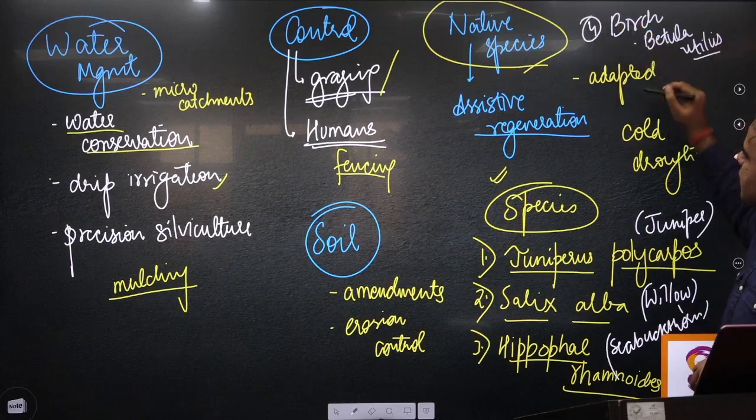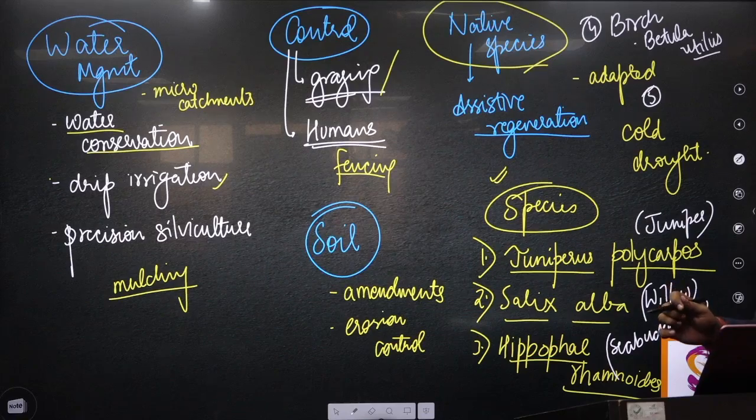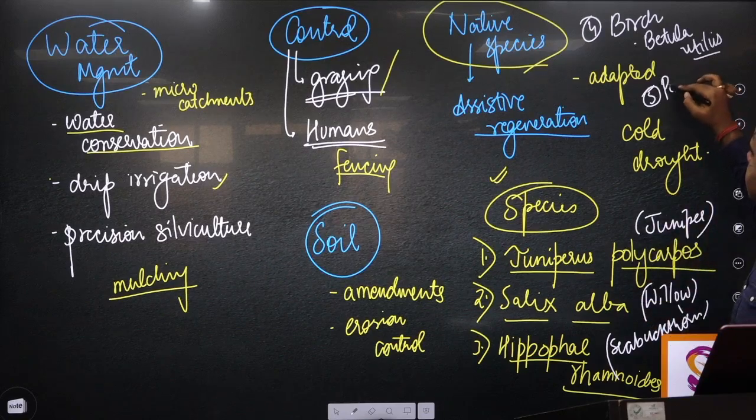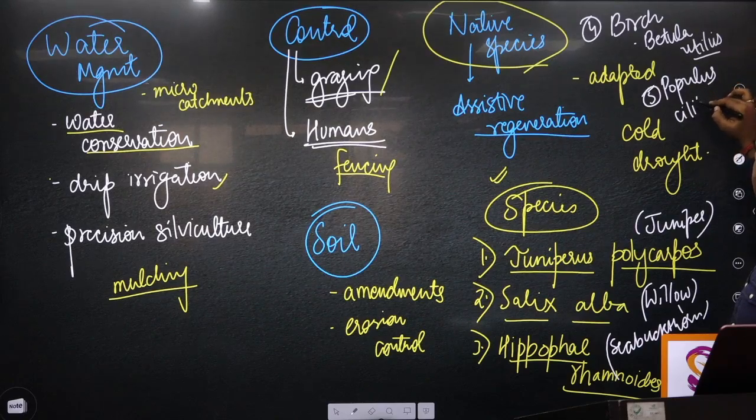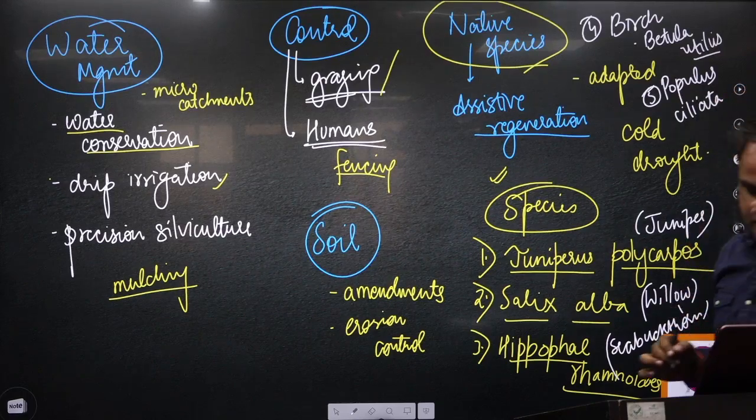I'll write 4th here. The 5th example that you can also write is Populus ciliata. That is again poplar.